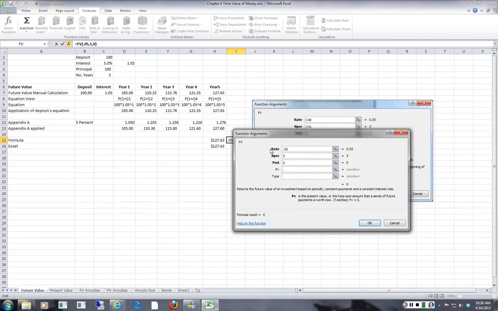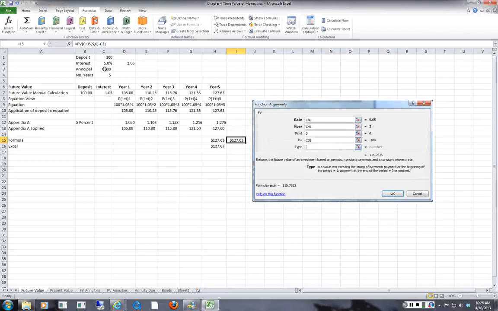Now the present value is a minus, and it's going out, so we put a minus in there. And you can see the calculation comes out $127.63. Now over here I've got this is going out for 3 years, and you can see it's 5%, and it's for 3 years, and so the amount is $115.76, which is what you see over here. And that's how I got that.